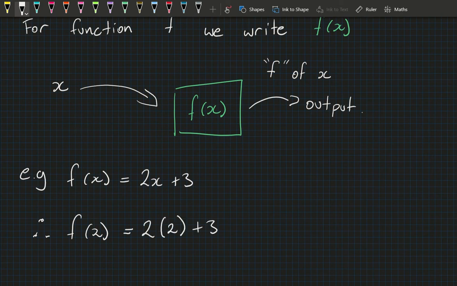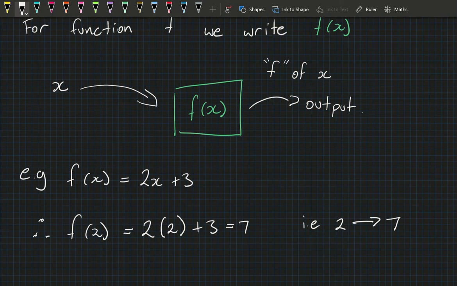So we started off with some algebra there. f of x is equal to 2x plus 3. But in this case, f of 2 is equal to 7. And if you're thinking about the x and y output boxes I had before, that means that 2 has the output of 7. And anything that has one output for each input can be written as a function, right?